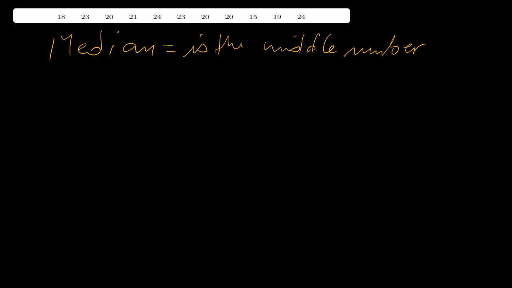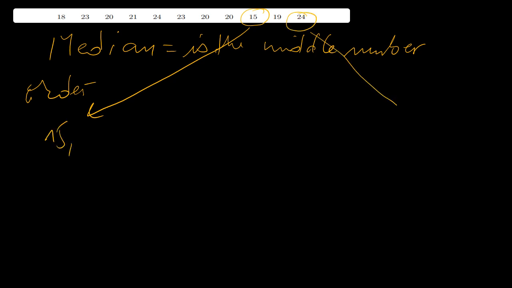The first step here is to order our data set from the smallest number to the greatest number. It looks like our smallest number in this data set is 15, and the greatest number is 24. So let's order this data set from the smallest to the greatest.